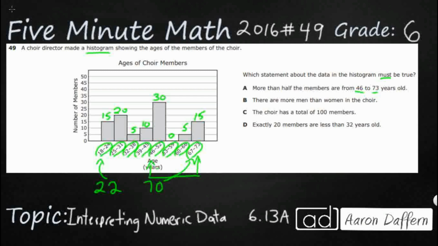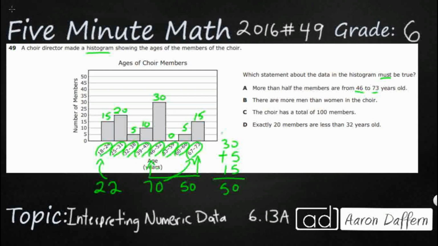Visually, it looks like that might be true, but I want to make sure by numbers here. So I'm looking at this 30 plus 0 plus my 5 plus my 15. So that is going to be 10, so that's 50. Alright, so I've got 50 in between this 46 and 73.